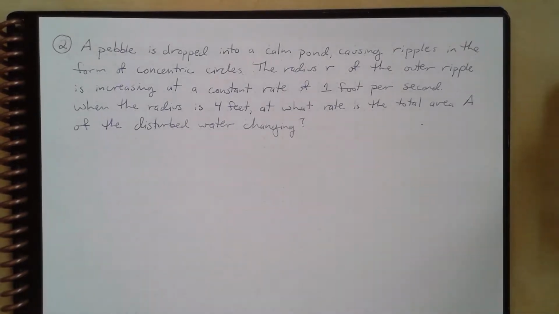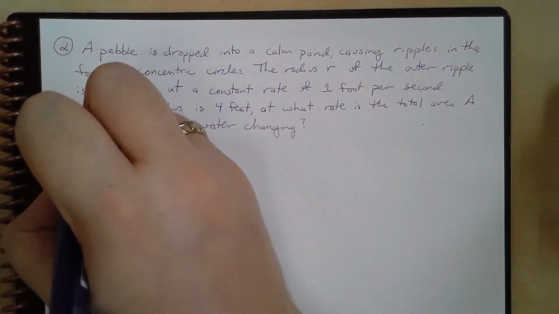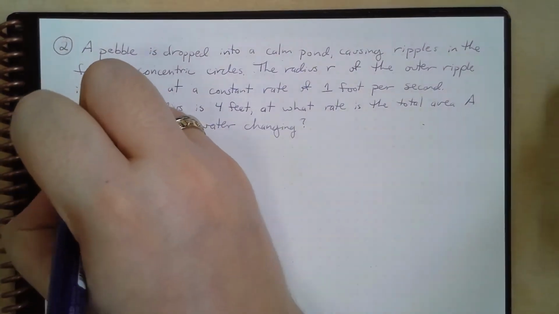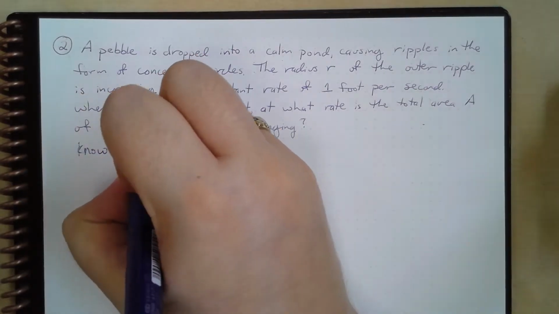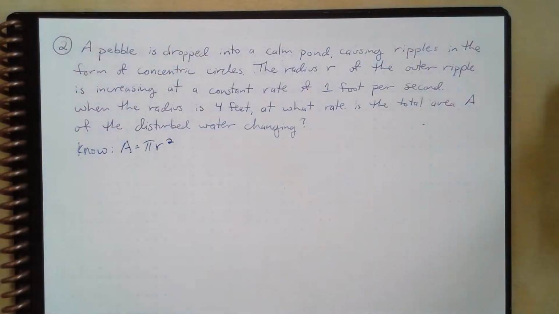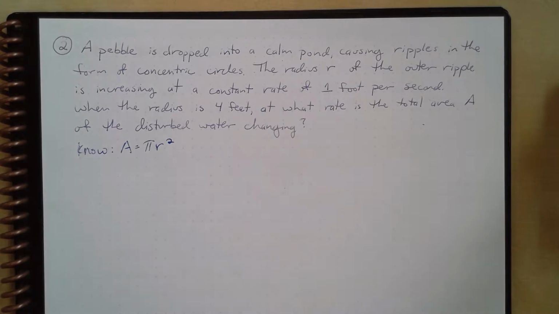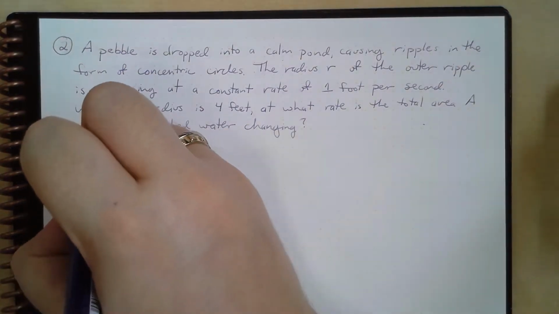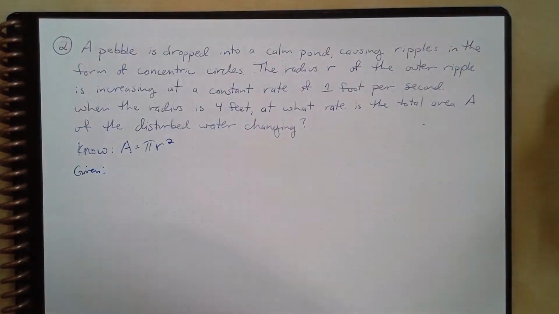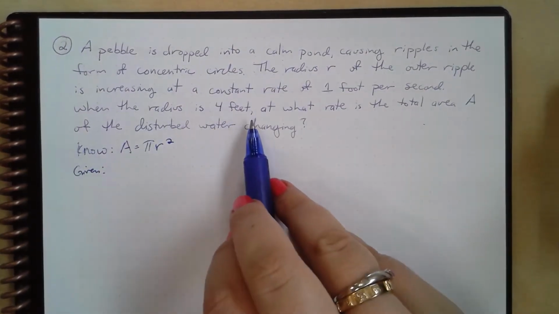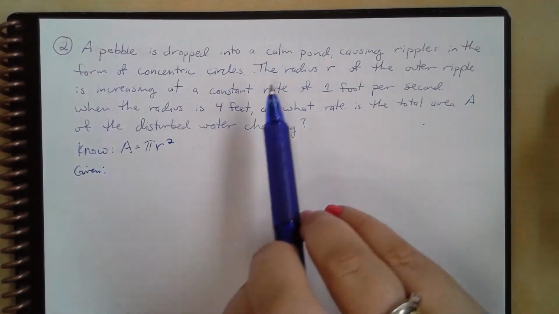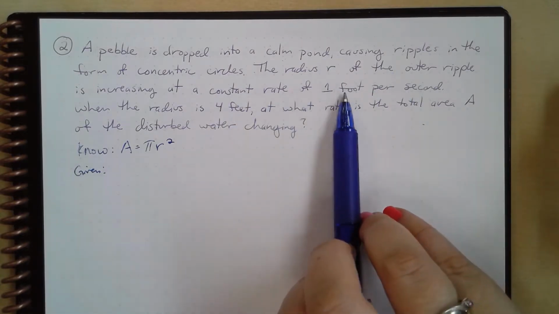I'm going to write down a few things here. We know that the area of a circle is equal to pi r squared, right? You probably have that memorized from the past. And we're given that when the radius is 4 feet, it's changing at a rate of 1 foot per second.